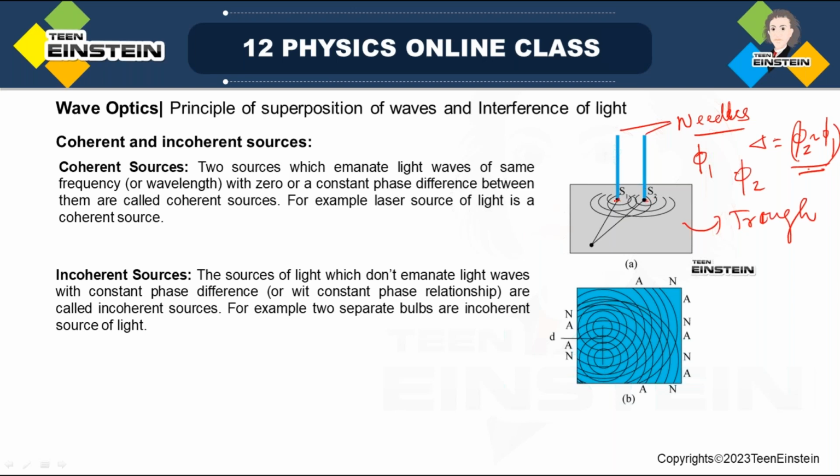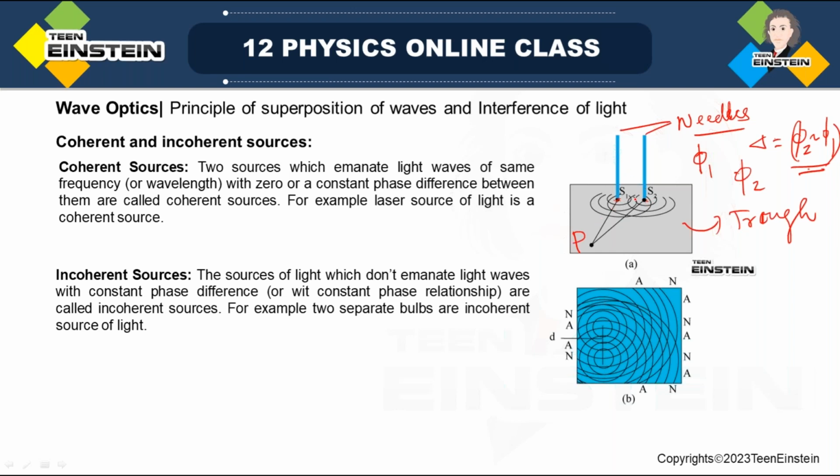They will produce waves which have a definite, constant phase relationship. Suppose there is a point P over here.